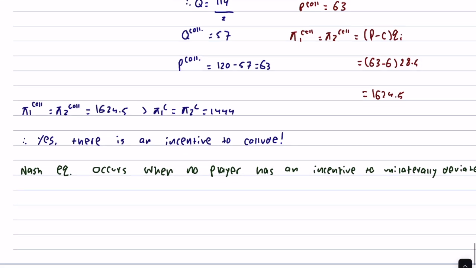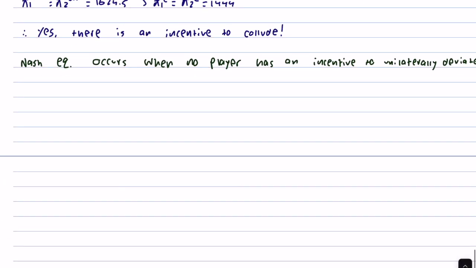It's a stable equilibrium where the two players don't have any incentives to change their behavior. So in order to answer the question, we have to find out if there is an incentive to deviate.